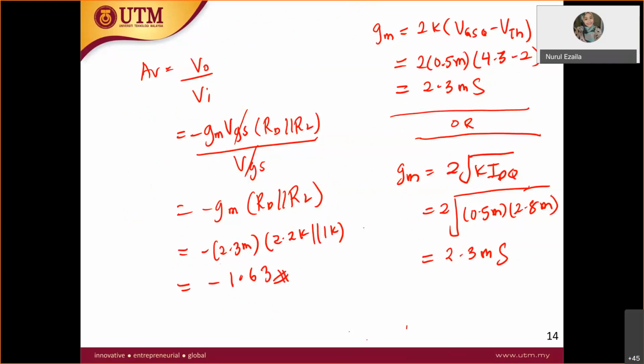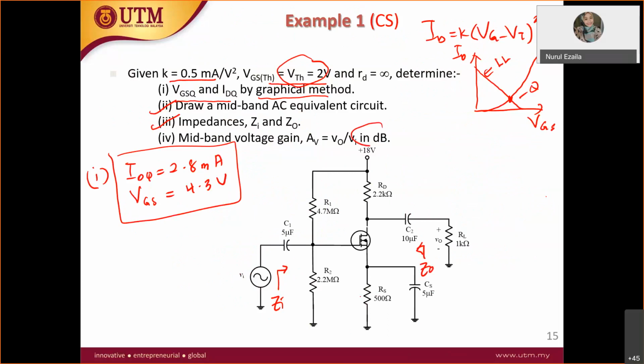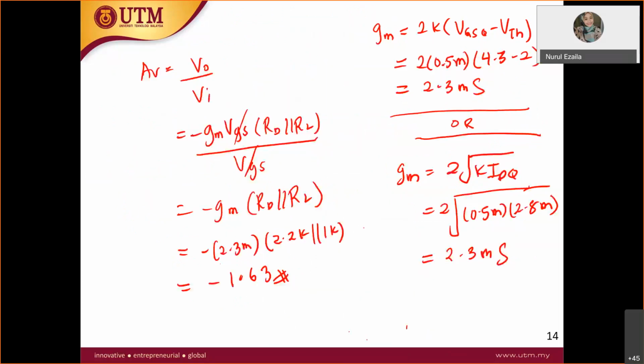But in the question they ask you for dB. How do you convert to dB? AV in dB is equal to 20 log AV. So you should get about, I didn't calculate. Can someone calculate for me?